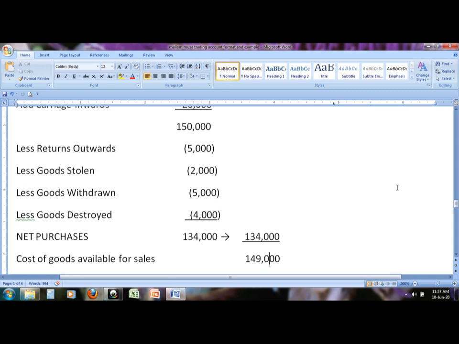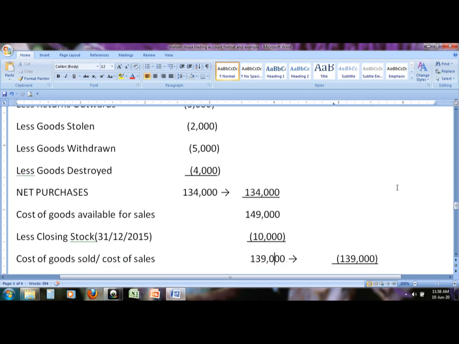We now add 134,000 to our opening stock. After adding it, we have 149,000 naira. That 149,000 naira is our cost of goods available for sales.